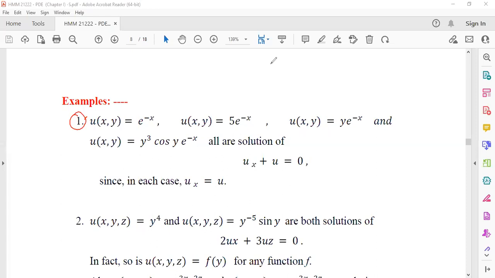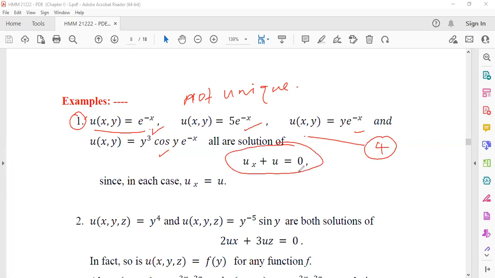What it says is, let's say this is one of the solutions, because it is not unique. Let me try one example. Let's say this is one of the answers, this is one, this is one. See, there are four possible answers for one partial differential equation.